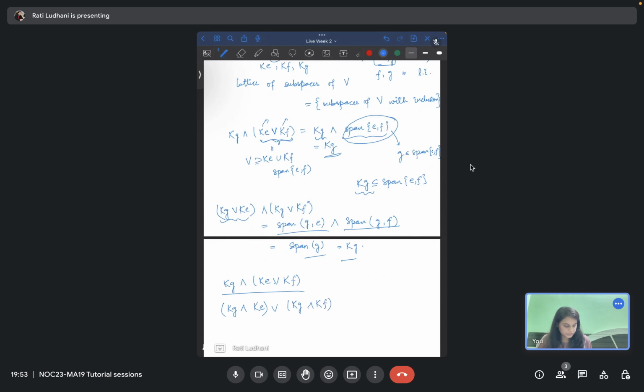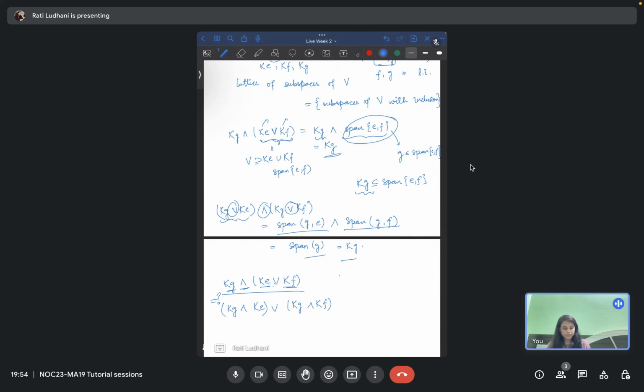So if you have KG meet KE, join KF, then you are checking whether this is equal or not to KG meet KE, KG meet KF, right? But these are reversed actually. So these are equal, but that is not something which was required.